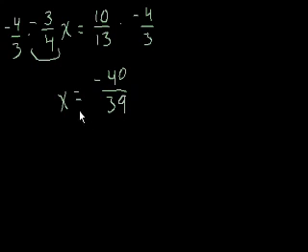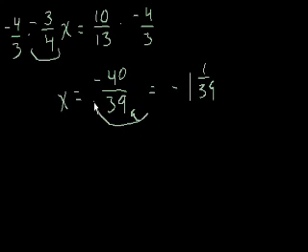So we get x is equal to minus 40 over 39. I like to leave my fractions improper because it's easier to deal with them. But you could also write it as a mixed number, minus 1 and 1/39. I tend to keep it like this, though.